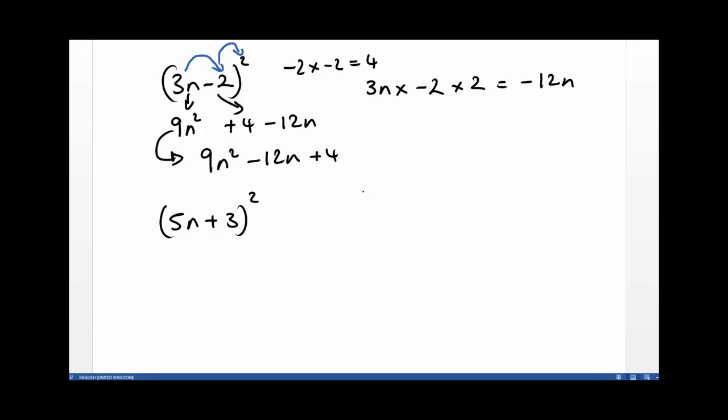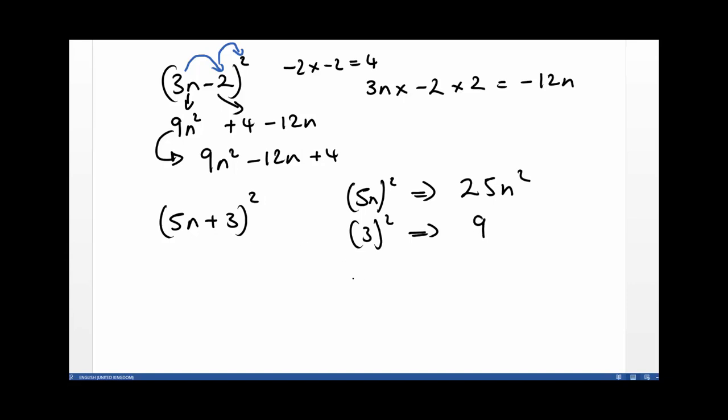We're going to do 5n and square that. That's going to give us 25n squared. Okay, let's do the 3. We've got 3 in brackets and square it. That's going to give me positive 9.